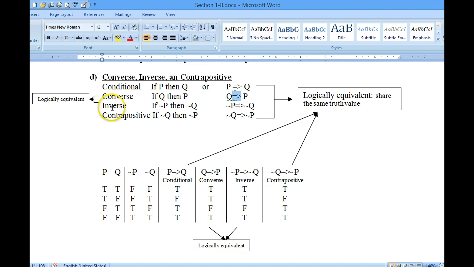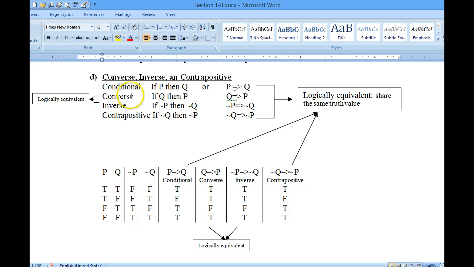The inverse takes the conditional, so the P is still first and the Q is still second, and it negates both of them. So if not P, then not Q. And a contrapositive takes the converse so that the conclusion comes first and then the hypothesis, and negates both of those. So I have if not Q, then not P.